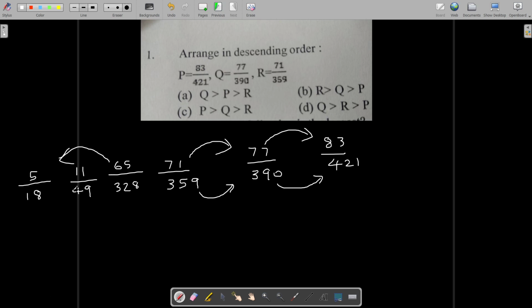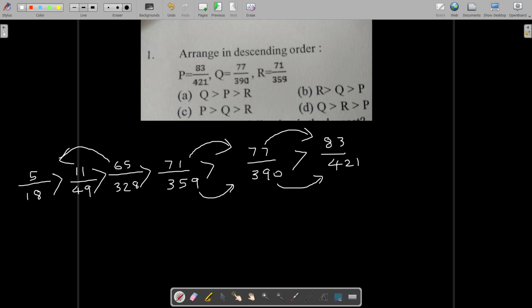Try to find that. 5 by 18 is greater than 11 by 49, which means that this is greater than this, this is greater than this, and so on. So R is greater than Q is greater than P.